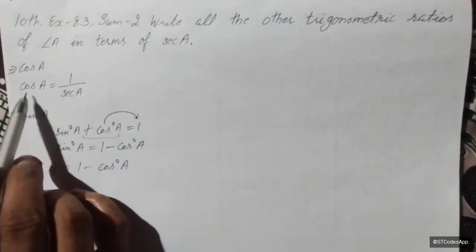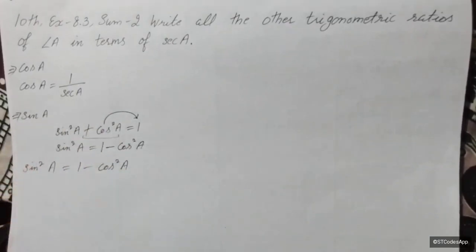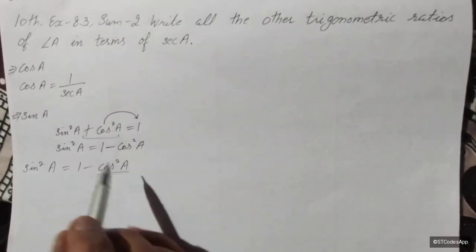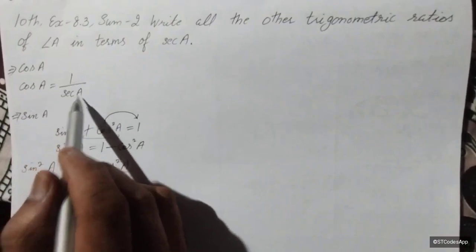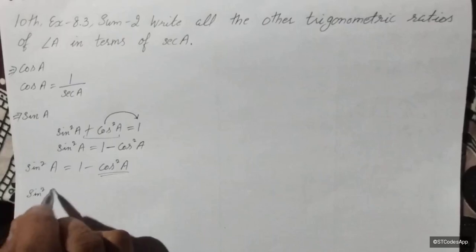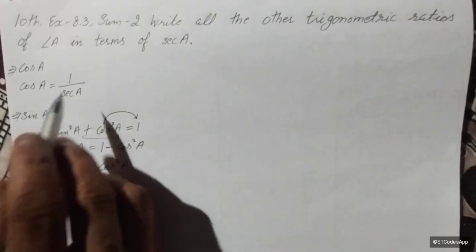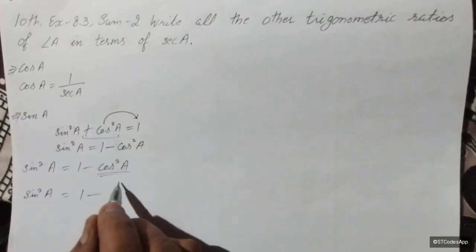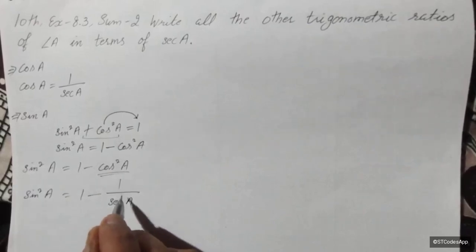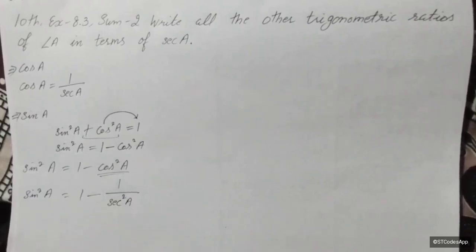Now see, cos A is equal to 1 upon sec A. So in place of cos square A, we will write 1 upon sec A, whole square. So sine square A is equal to 1 minus 1 upon sec square A, because it has square, so sec also will have square.